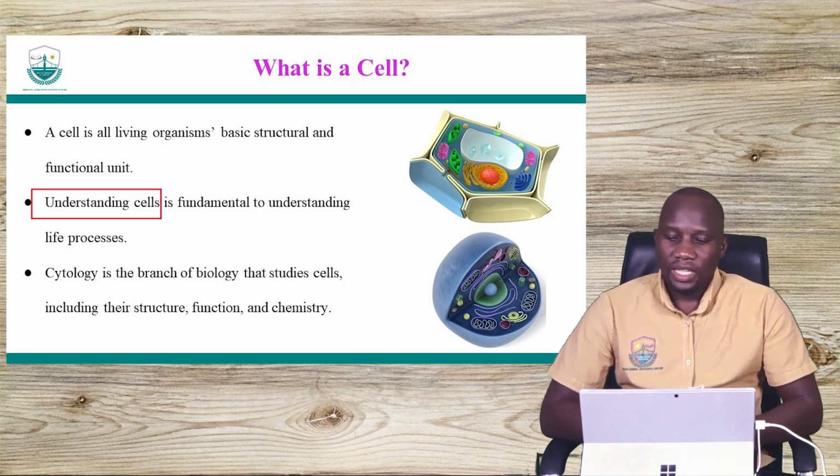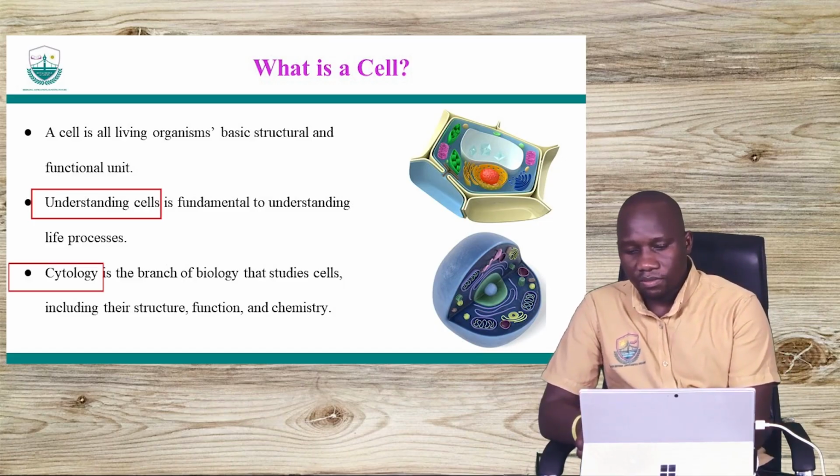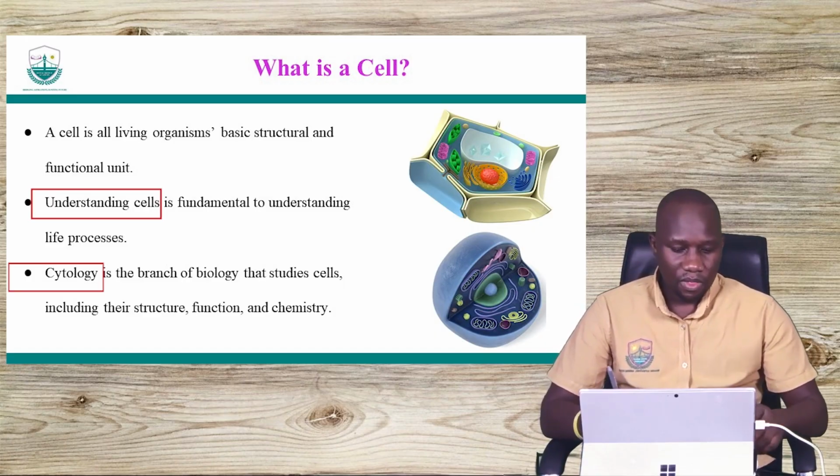The branch of biology that is concerned with studying cells, or studying the cell structure, function, and chemistry, is what we call cytology. Okay, this cyto usually means a cell.